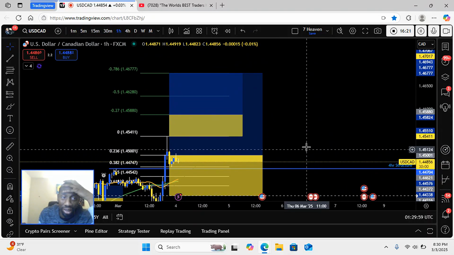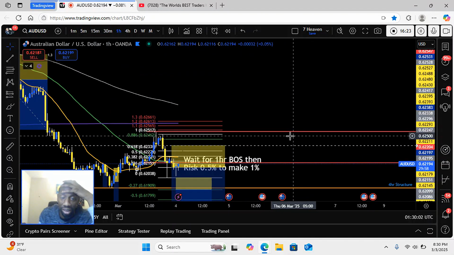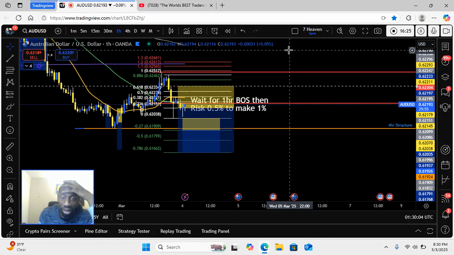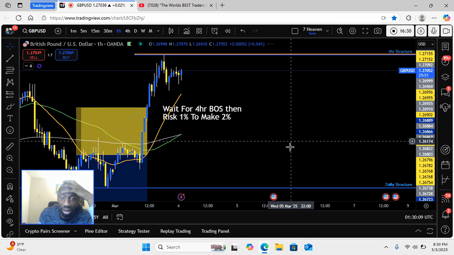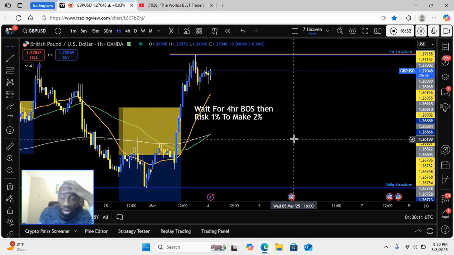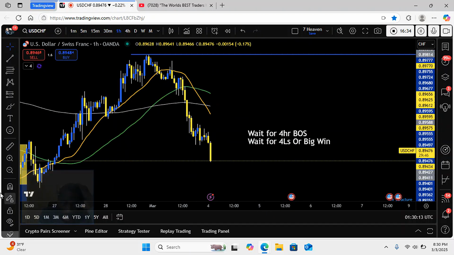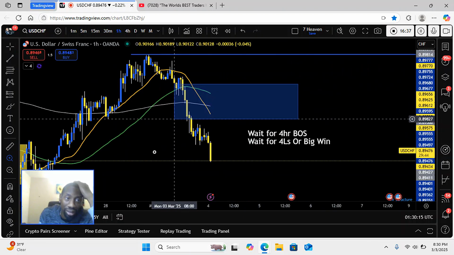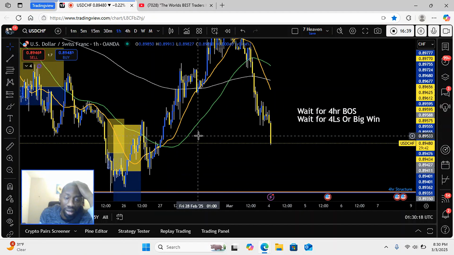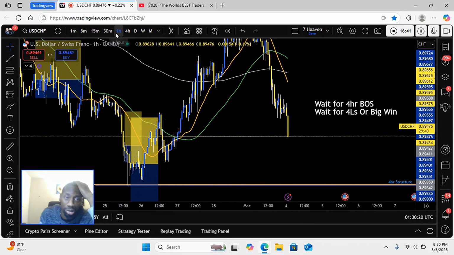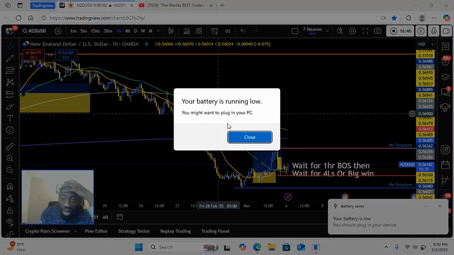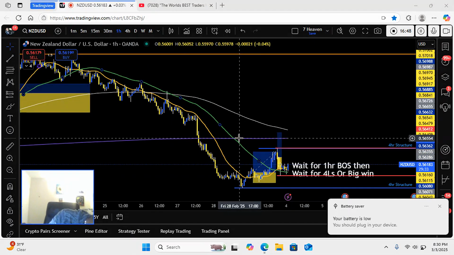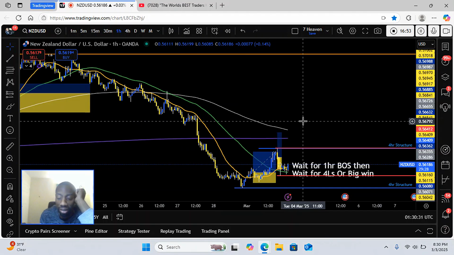But USD CAD chilling. AUD USD going the wrong way. Okay, chilling. Remember, if it goes too far away to that yellow line, we're deleting. This pair, we're waiting for that thing to break structure. Looks like it's going down the same way USD JPY is going down right now.